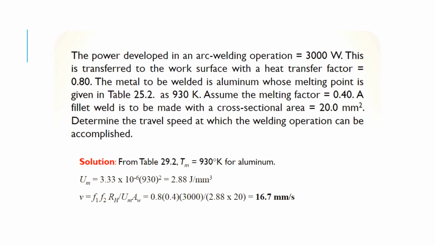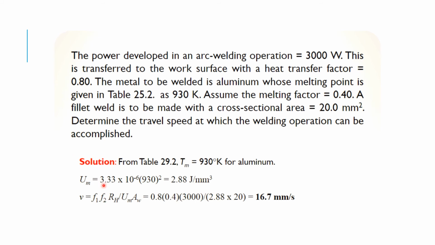So the first thing is to determine the travel speed at which the welding operation can be accomplished. First of all, you have to decide what equation you can use to calculate this.